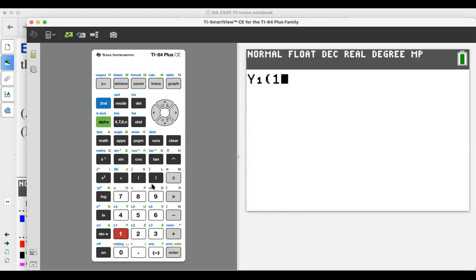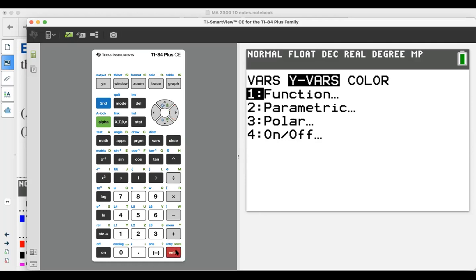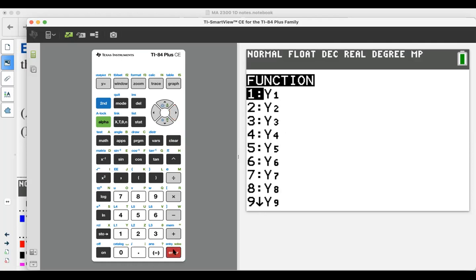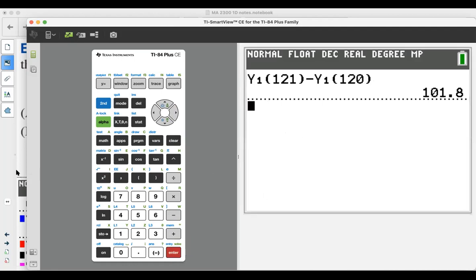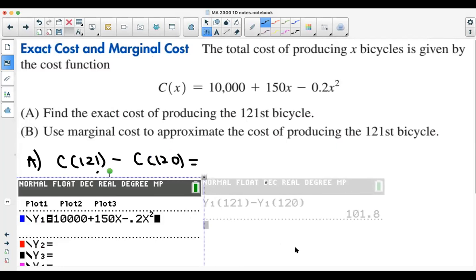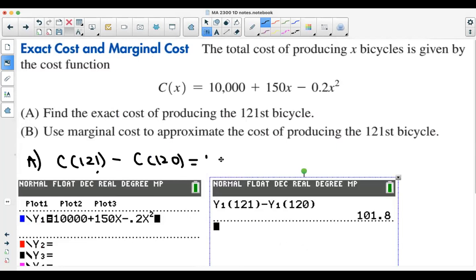All right, 121 minus vars, Y-vars, function 1, open 120. So my exact value is 101.8. So at this production level, it will cost $101.80 more to produce one more bicycle.